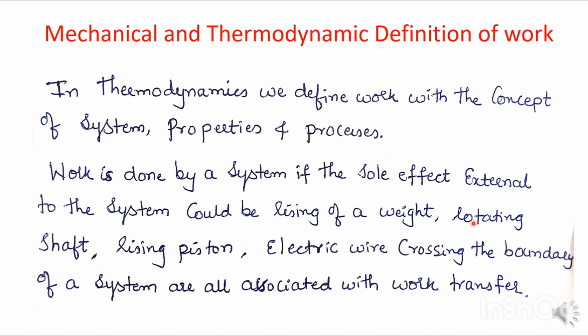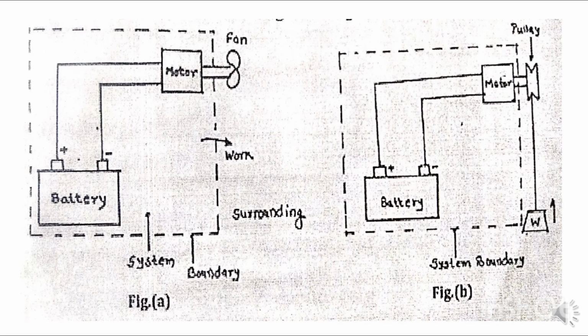A rotating shaft, a rising piston, an electric wire crossing the boundary of a system are all associated with work transfer. Now let us see, with the help of a sketch, a thermodynamic definition of work.